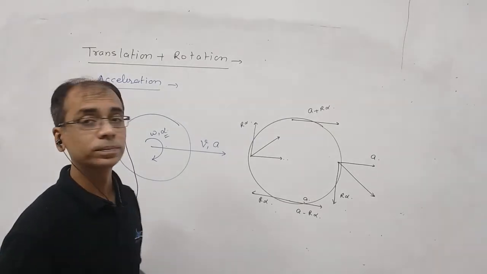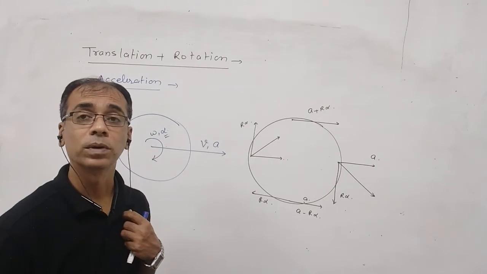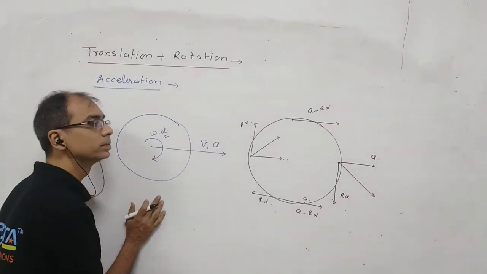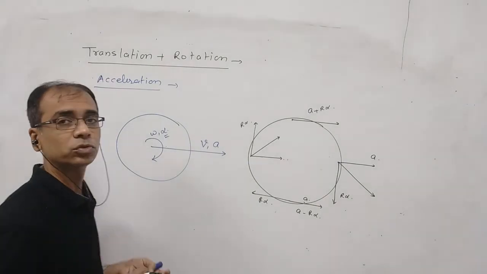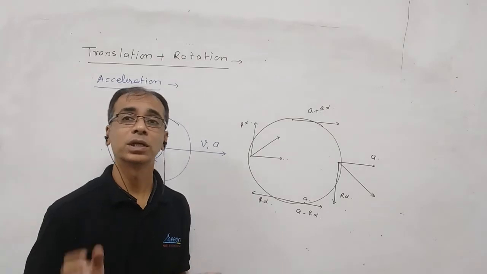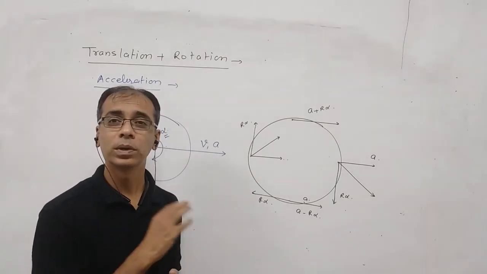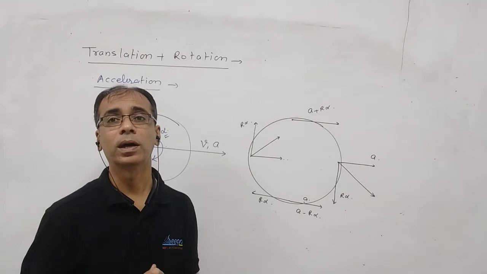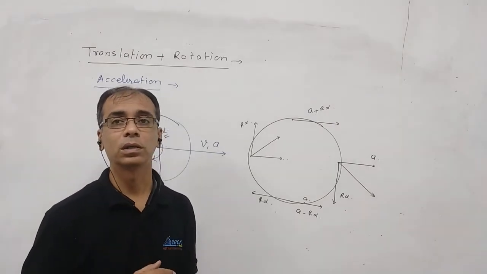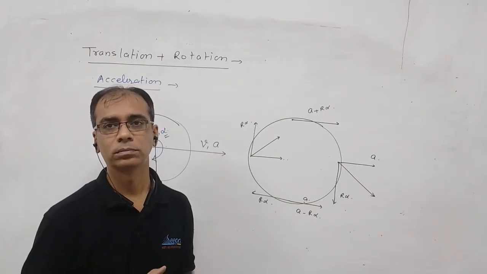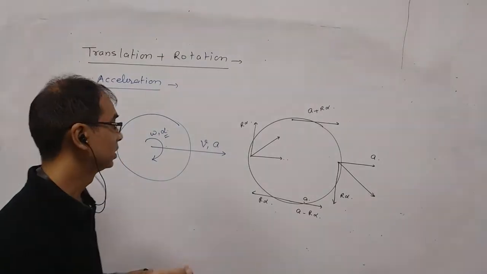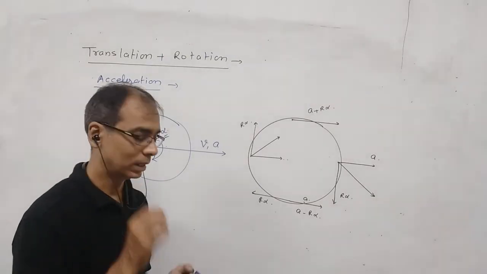But there is one more thing that I want to show. When we talk about circular motion, we used to have two accelerations: one was tangential acceleration and one was radial, or centripetal, acceleration. In this one, with respect to the center of mass, it's in circular motion. So will both accelerations be there or only one? Both will be there. Not only tangential as R alpha, but at the same time you have radial acceleration also.